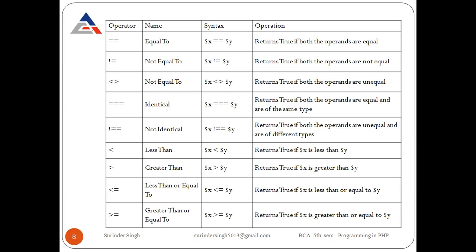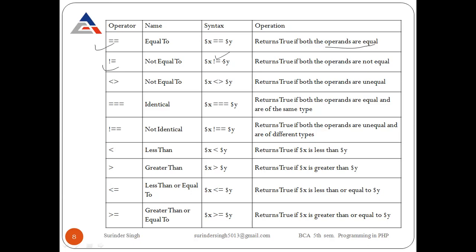Here we have this type of comparison operators. First is equal to. It returns true if both the operands are equal, if both the operands have equal values. Clear? Second is not equal. Here we are checking x not equal y, and it returns true if x and y are not equal.